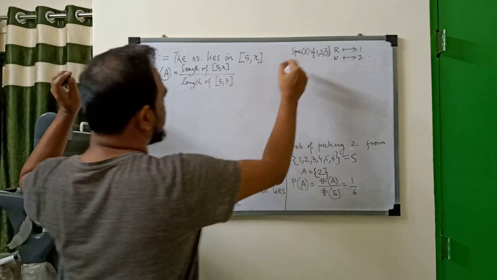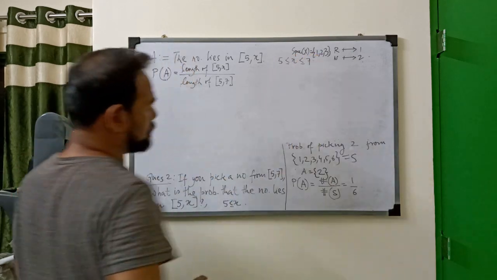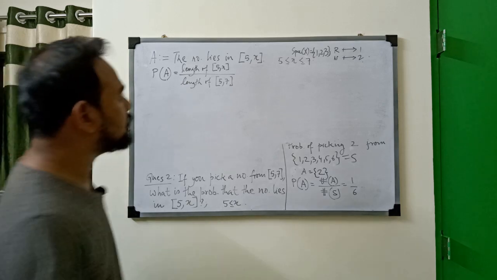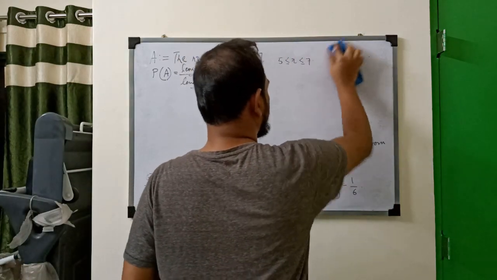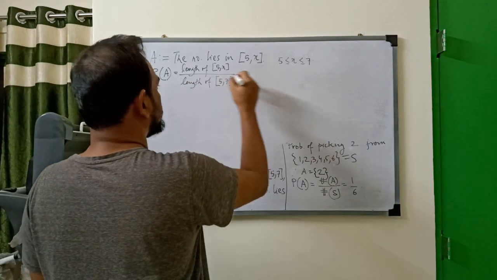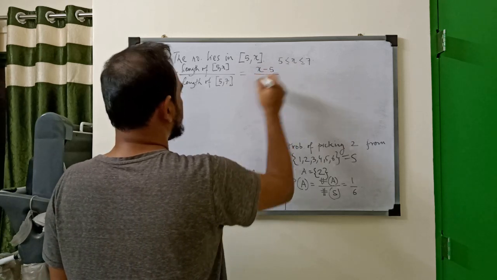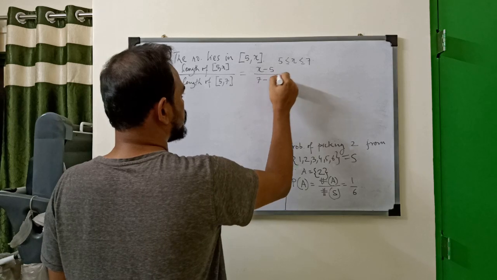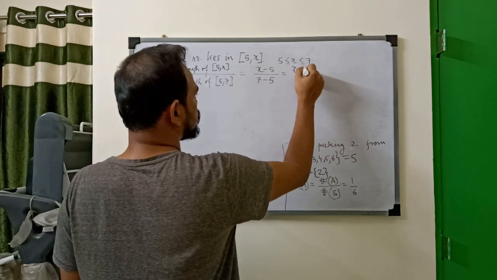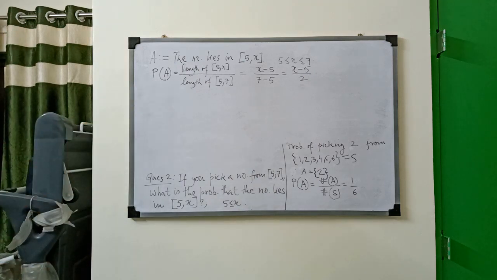And really we are taking x greater than 5 and less than 7 for the moment. We're not going beyond 7, which is a case we will explore later. Here, this length is obviously x minus 5, and this length is 7 minus 5, which is 2. So x minus 5 by 2. So this can be a possible answer for the probability.